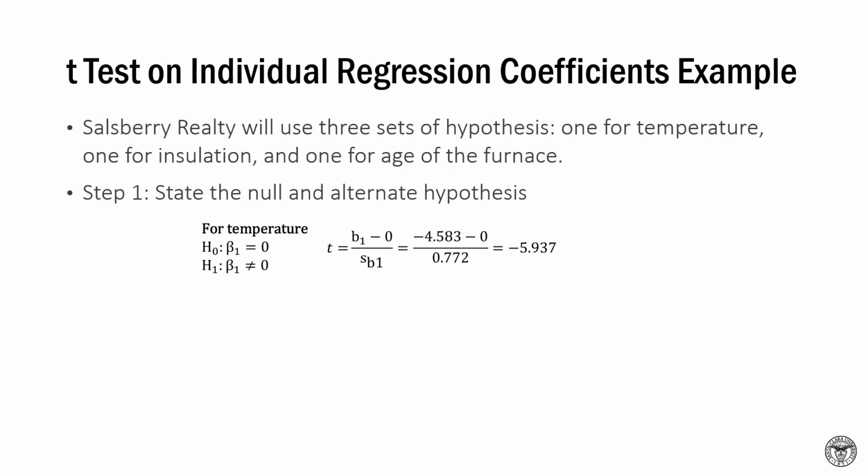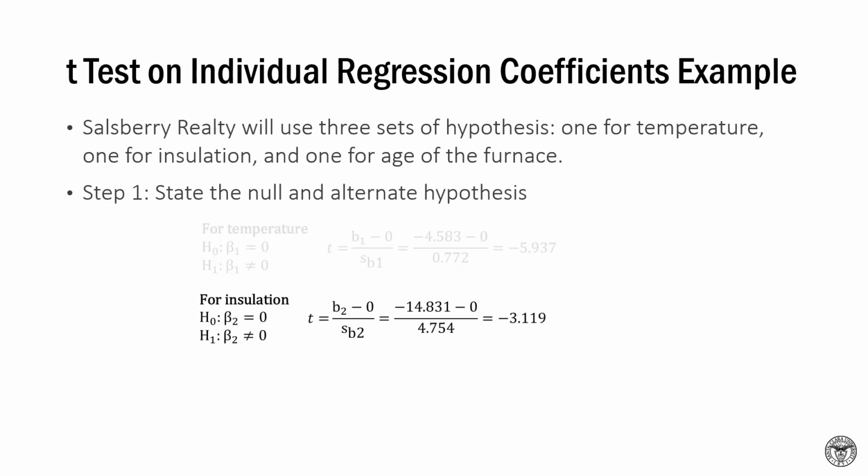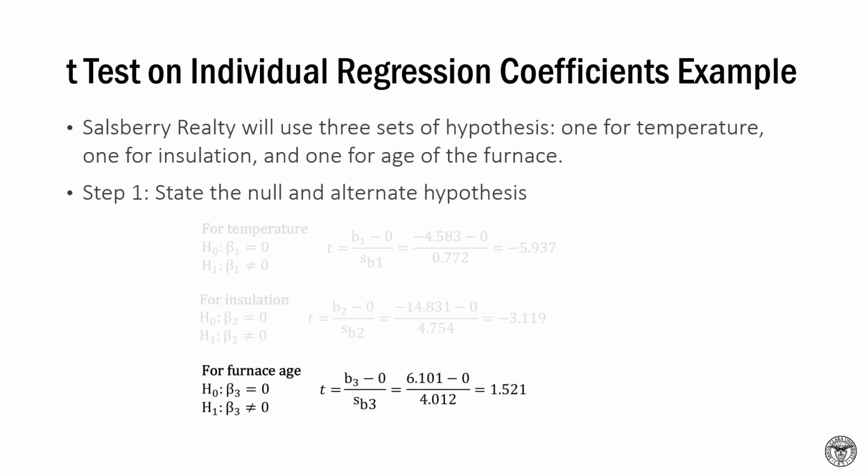The t-value for the first independent variable, outside temperature, is -5.937. For the second variable, inches of insulation, the t-value is -3.119. Lastly, for the third variable, the age of the furnace, the t-value is 1.521.